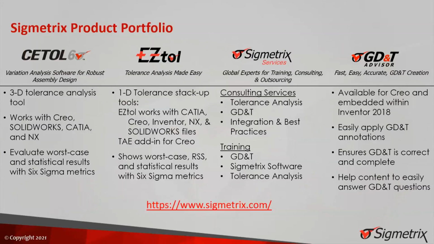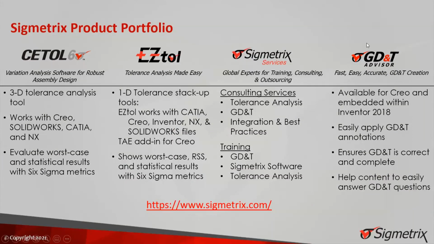Okay, so now this is the product portfolio of Sigmatrix. Today we will focus on the 3D TA tool. We call it CETOL 6 Sigma. So this is a 3D tool. It also provides some basic tools like the 1D TA tool. We call it CETOL.